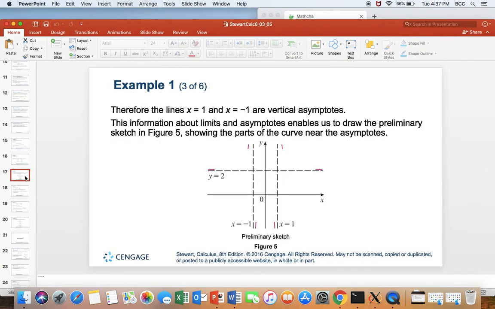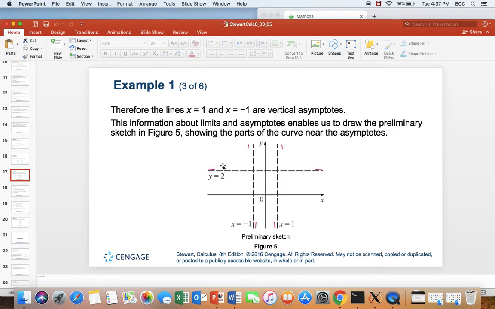So you took care of the limits, and that gave us asymptotes, horizontal and vertical. Note the check marks: the right hand limit here is positive, here the left hand limit goes to negative infinity, the right hand limit goes to negative infinity, whereas here the left hand limit goes to positive infinity.